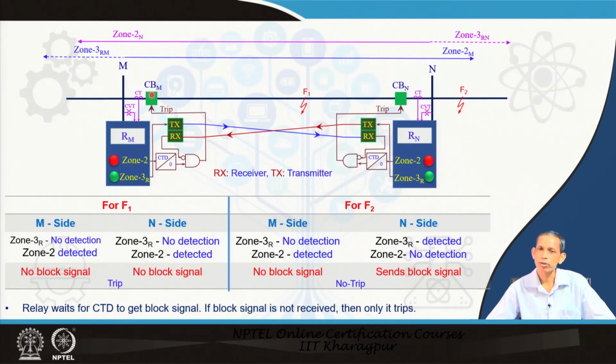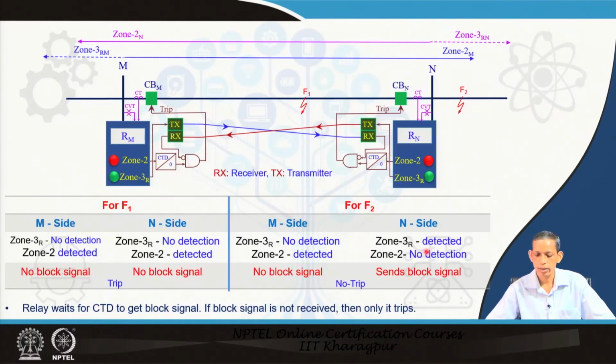Zone 1 is always there, but independently zone 2 can take an independent decision if we are talking about only DCB. Now for a fault at F2, an external fault, see the situation. At the M site, zone 3 R will not detect, but zone 2 may detect. So zone 2 detected, zone 3 R not detected, and no block signal is issued from this side.